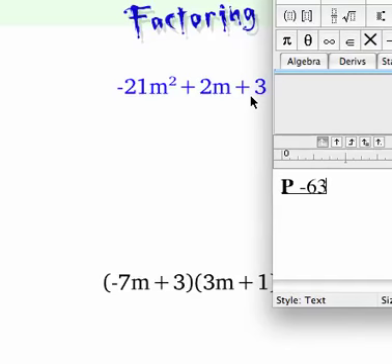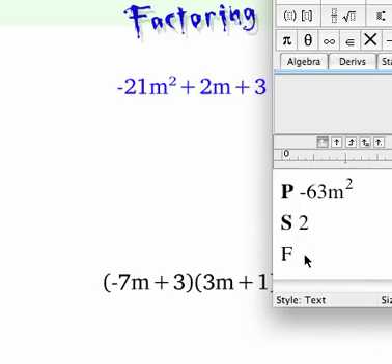So we're looking for two numbers that multiply to give -63m squared, and the S is always the middle term, whose sum is 2. And so what are those factors? So that's the PSF. All right, the factors of 63, that's pretty easy. That's going to be 9 and 7.